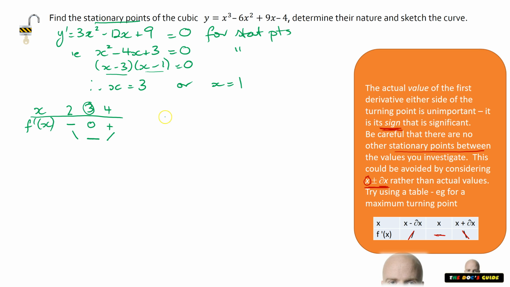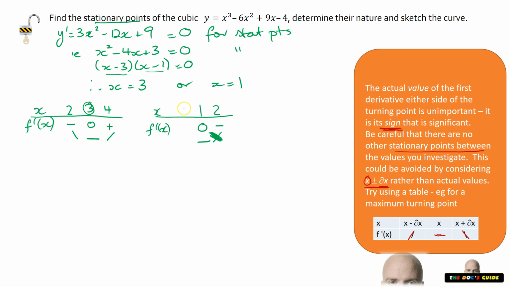And if we look at the case when x equals 1, we know we've got 0 slope, so that's our horizontal tangent. When x equals 2, we've just seen over here that we've got negative slope, so the line goes like this.